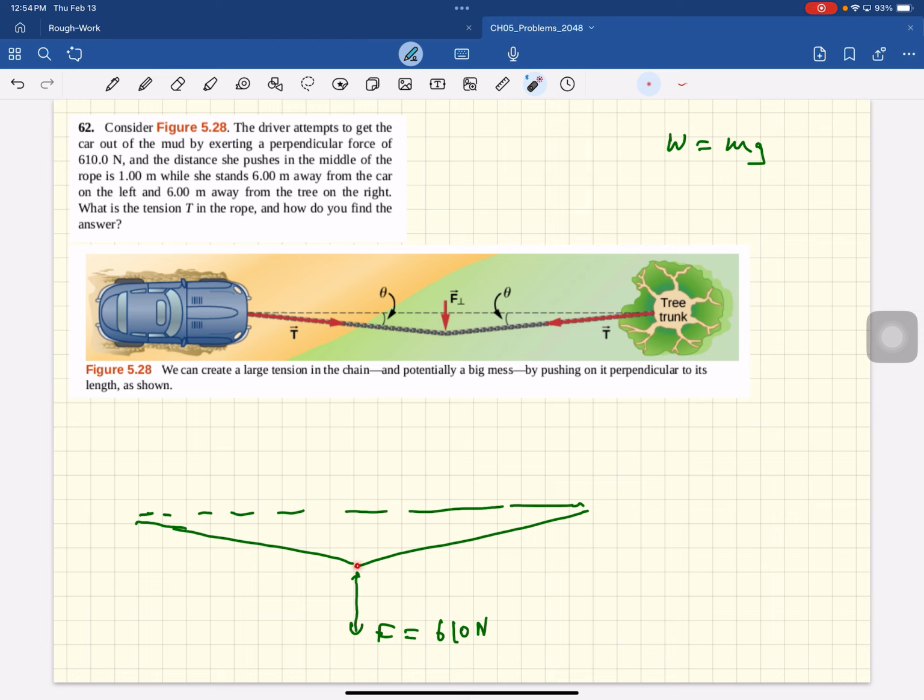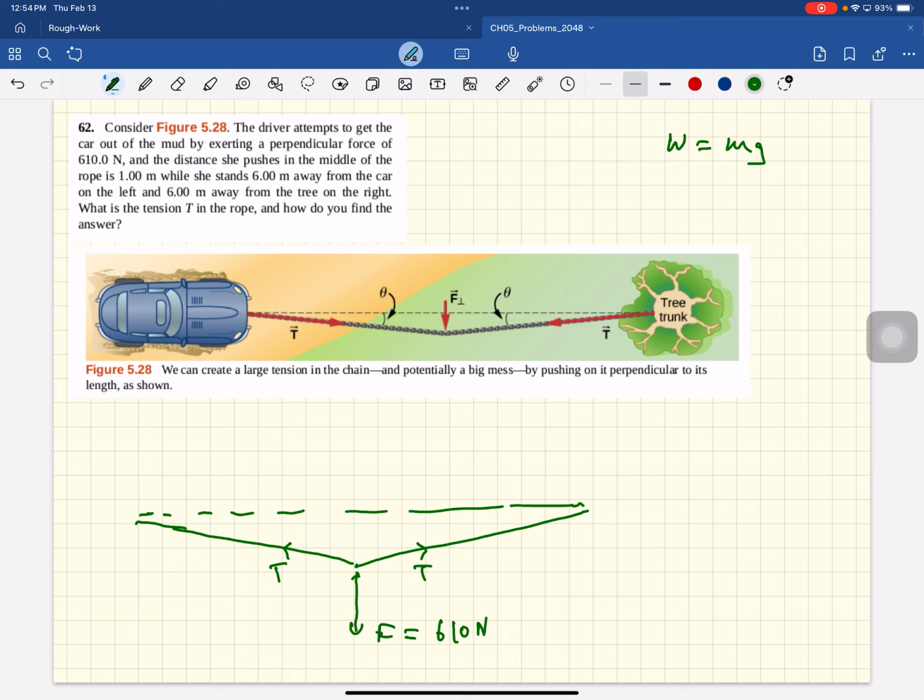Now we'll look at this point, which is at rest. There are 3 forces acting on this link, or point on the chain: tension in this direction, tension in that direction, and this force. So the sum of these 3 forces must be 0.